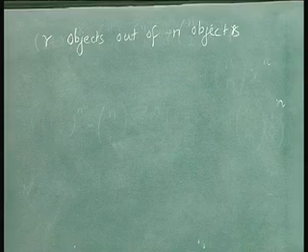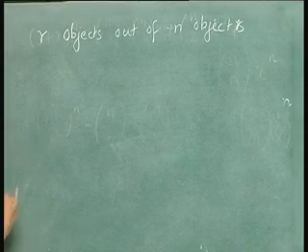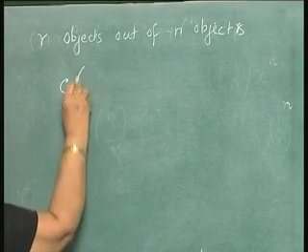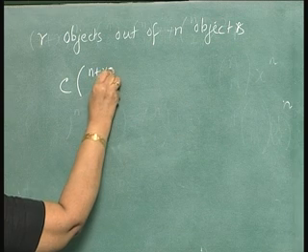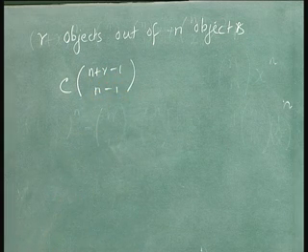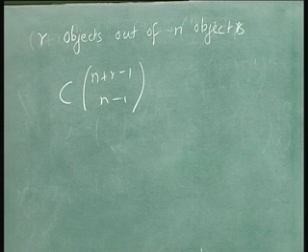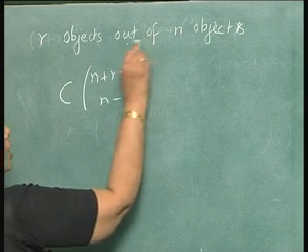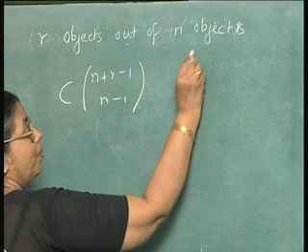So, we are selecting r objects out of n with repetition, and the expression for that is C(n plus r minus 1, r), or C(n plus r minus 1, n minus 1), both are equal. How do you get this?